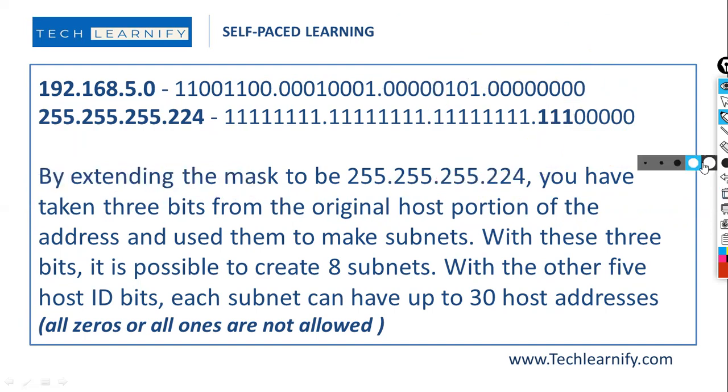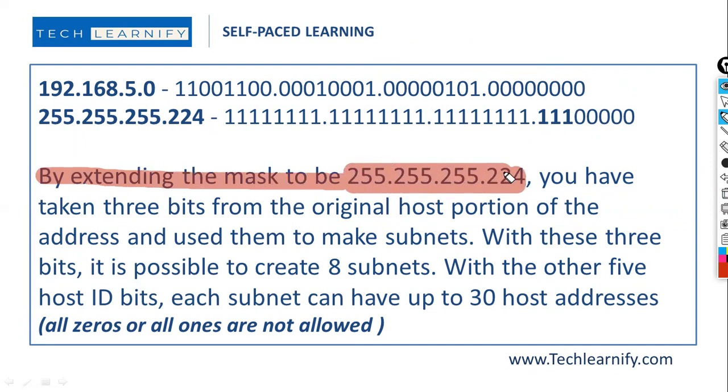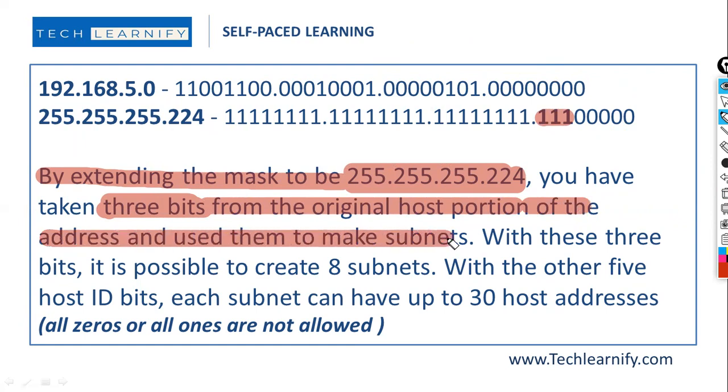So now by extending the mask to 255.255.255.224, you have taken 3 bits from the original host portion of the address and used them to make subnets. With these 3 bits, is there any question?